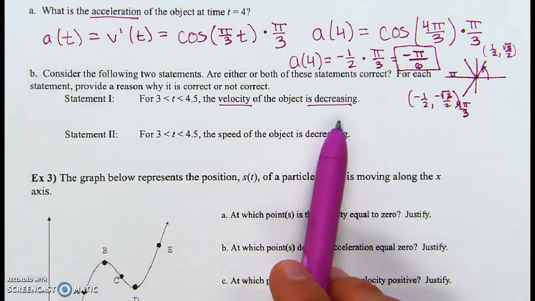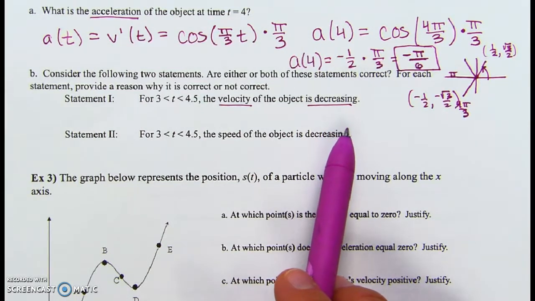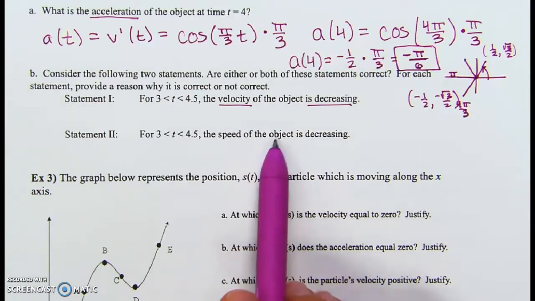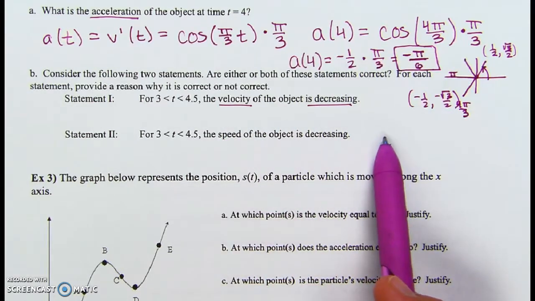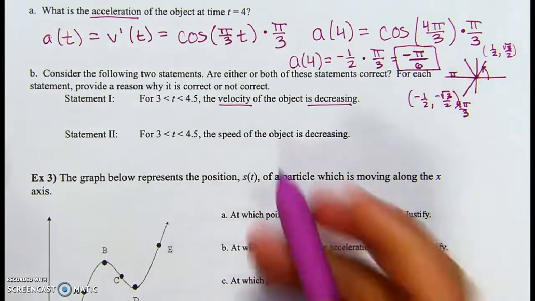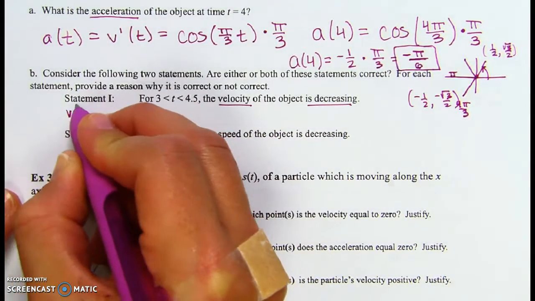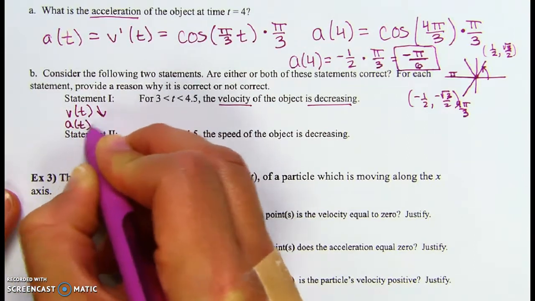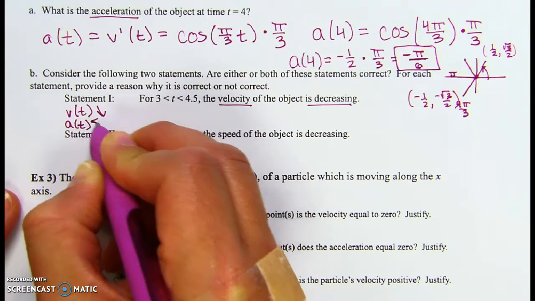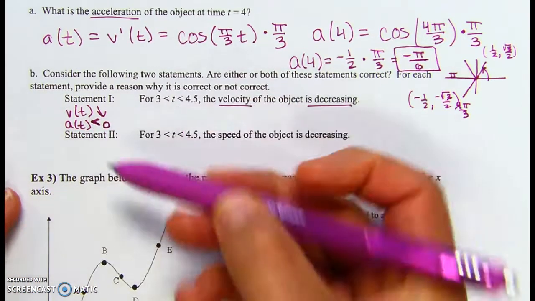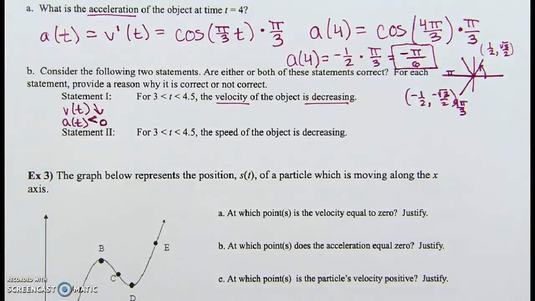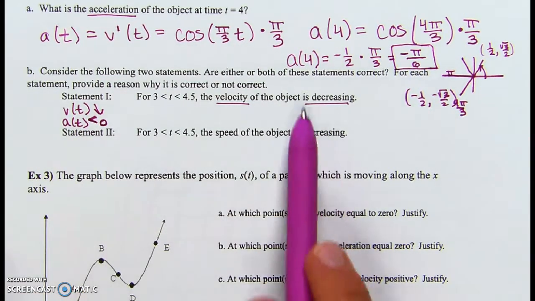Velocity will be decreasing if acceleration is negative, because acceleration is the derivative of velocity. So is the acceleration negative at 4?